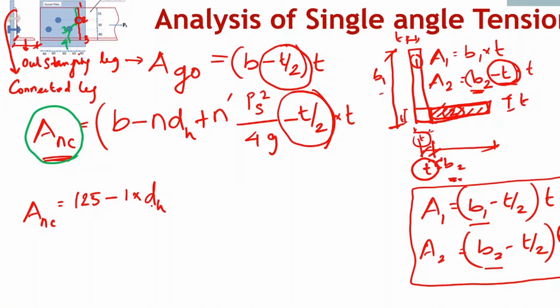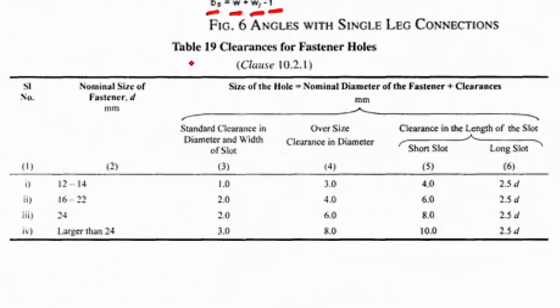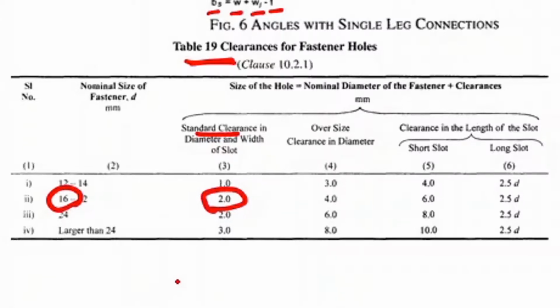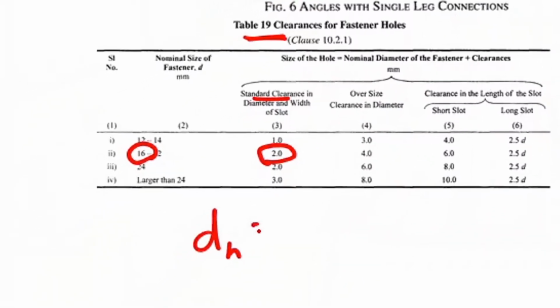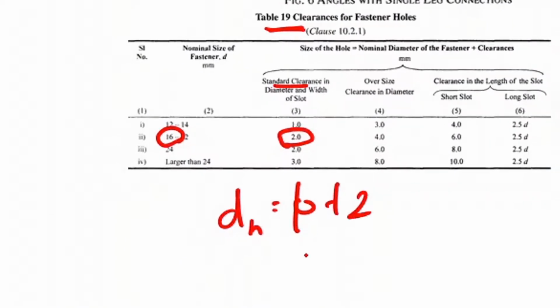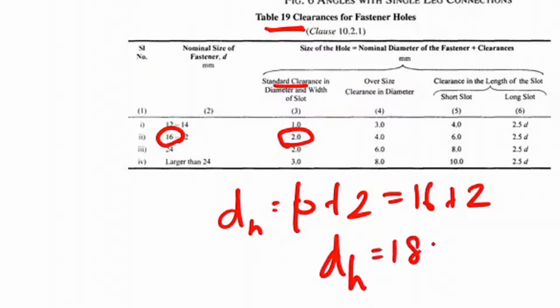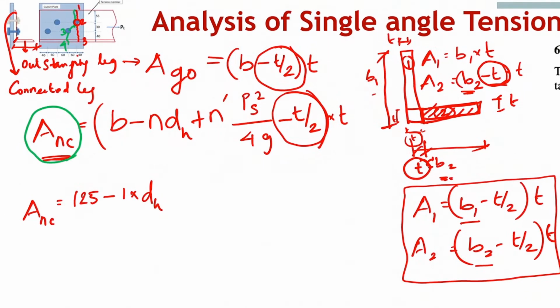Now what is the dia of hole? If you go back to IS 800 Table 19, for a 16 mm diameter bolt with ordinary clearance, the clearance is 2 mm. So the dia of hole is dia of bolt plus 2 mm, which is equal to 16 plus 2. So the dia of hole is 18 mm.